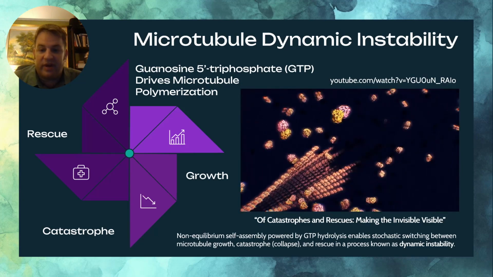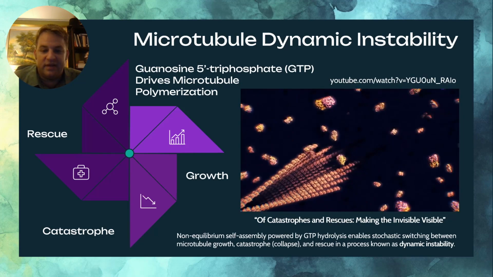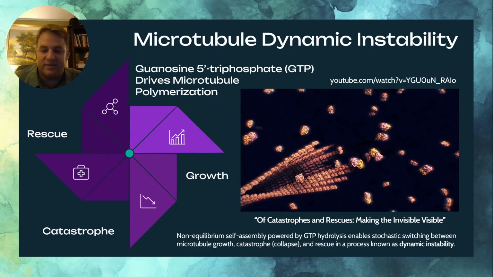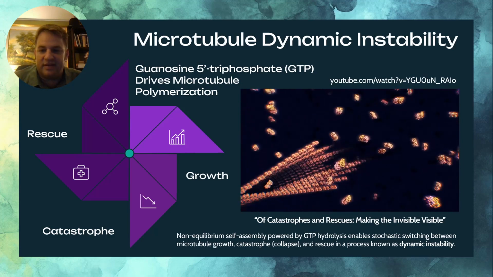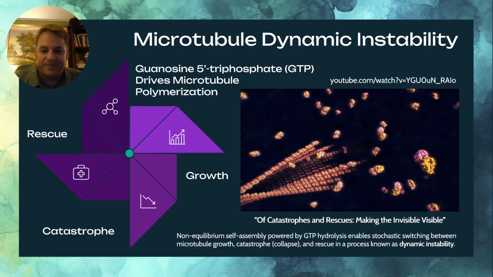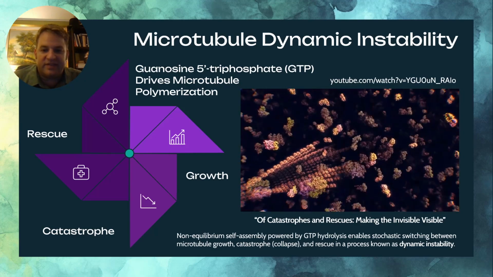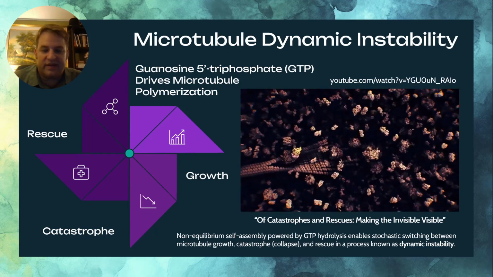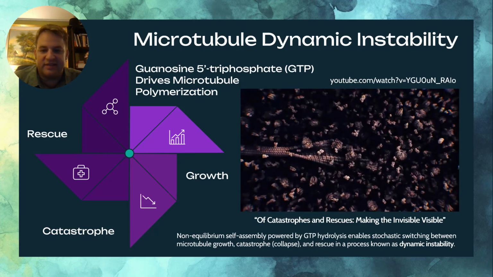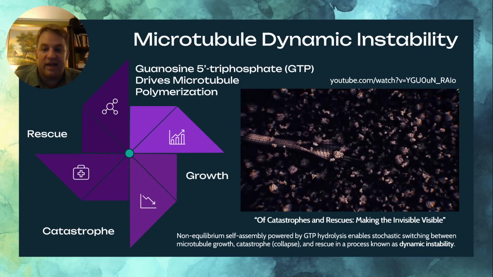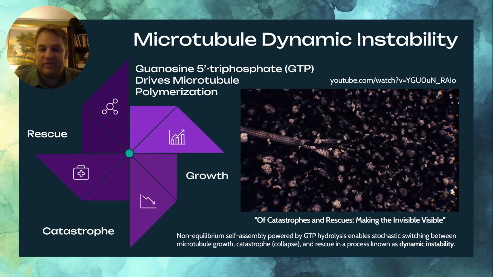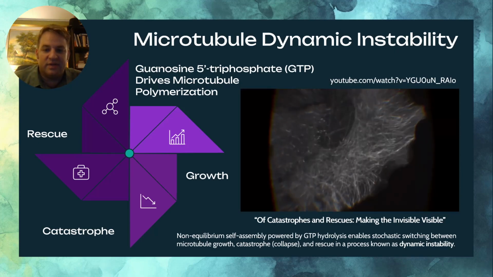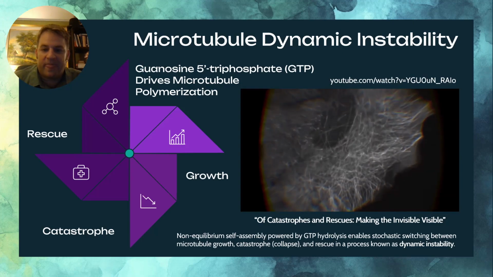And I'm very grateful to my colleagues who have made the catastrophes and rescues visible in this beautiful video rendering. So now you have a sense of the non-equilibrium self-assembly, growth, catastrophe, and rescue process that occurs in every microtubule, in every living cell, as long as the microtubule continues to grow.